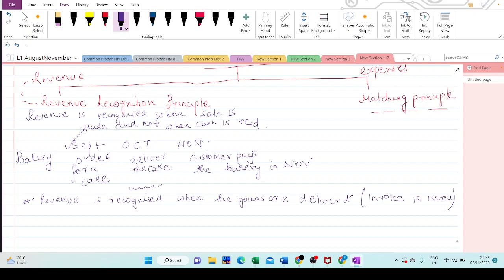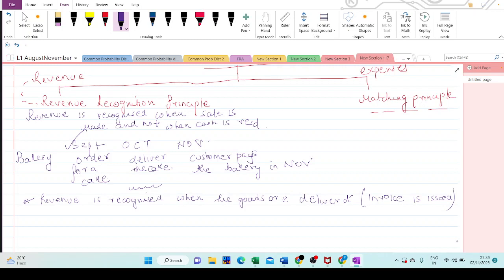An invoice won't be prepared on the date of order, right? When the actual machinery is delivered to us, it's on that day the invoice would be issued. So revenue is recognized when the goods are delivered. In this particular case, the cake is delivered in October, so revenue would be recognized in October, right? It won't be recognized when the order was received. It won't be recognized when the customer paid for the cake.